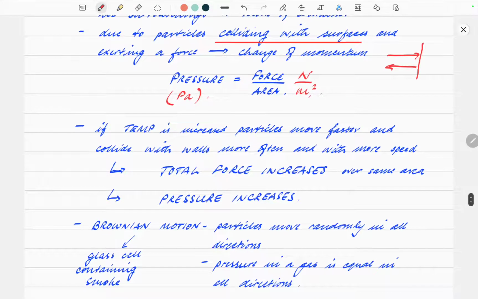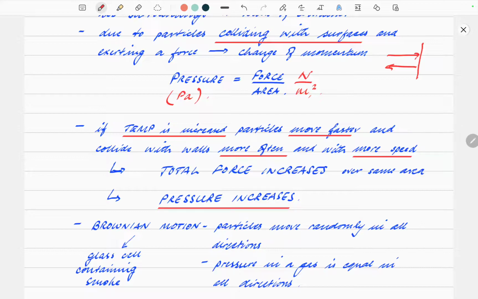Now, very basic aspect of this is if temperature increases, particles will move faster. So temperature increases, particles move faster and collide with walls more often and with more speed. Both of those things will happen, and therefore the total force increases over the same area, and therefore the pressure increases.